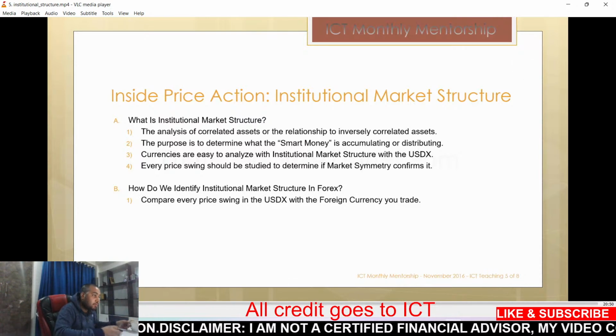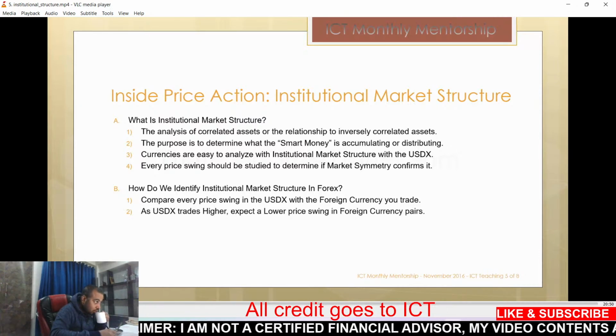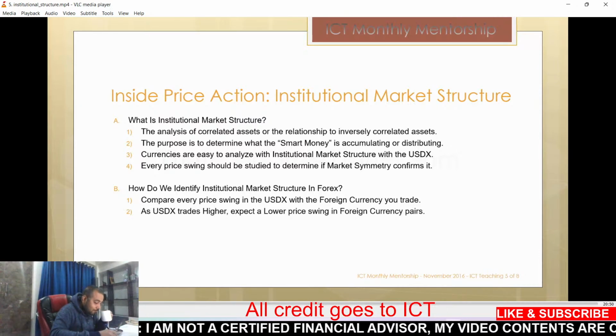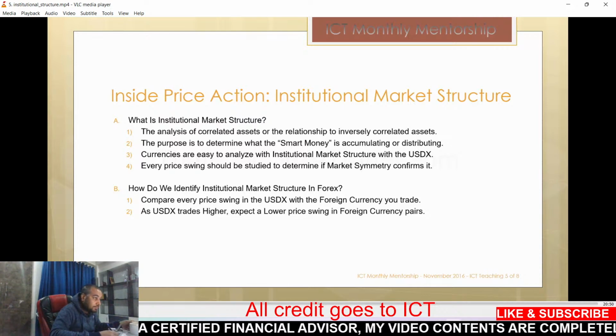The dollar index of the foreign currency that we trade. As the US dollar index trades higher, we reasonably expect a lower price swing in foreign currency pairs.